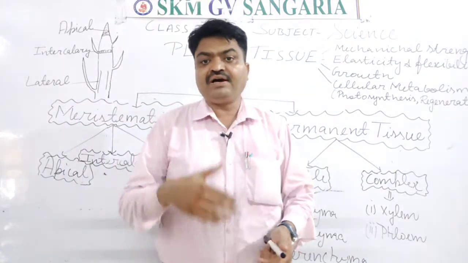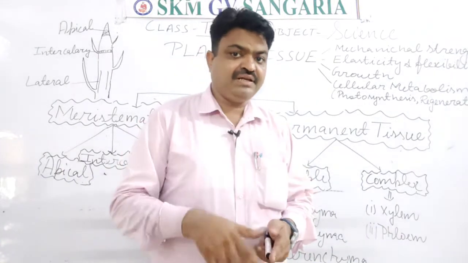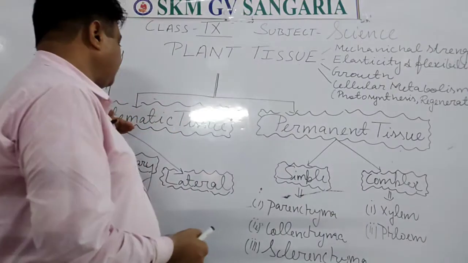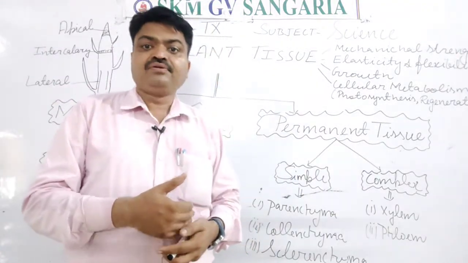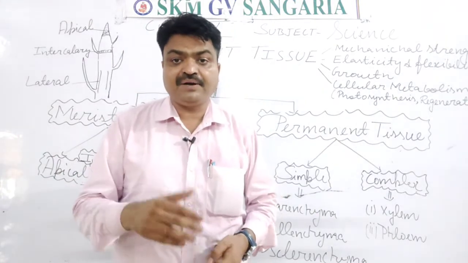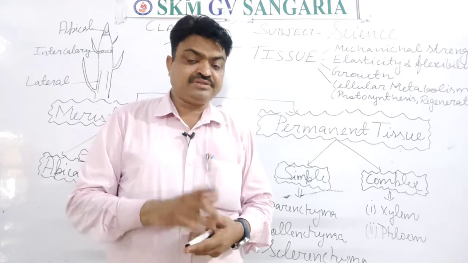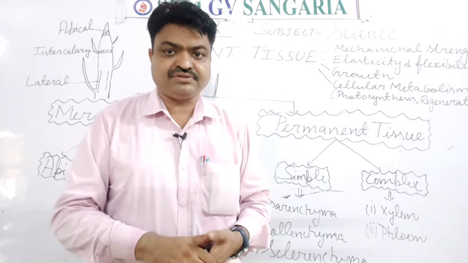With this, they also help in the growth of the plant, especially meristematic tissue. Student, meristematic tissue have the capacity to divide the cell, from which it helps the plant in their growth. Means the plants grow with the help of meristematic tissue.